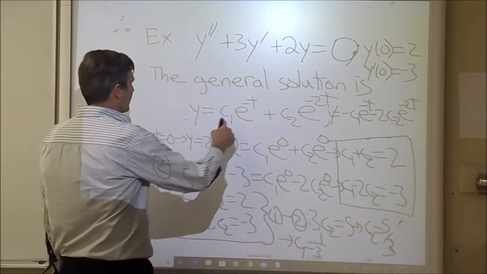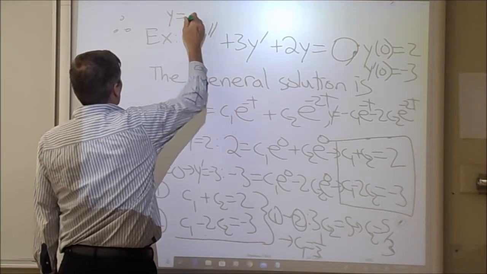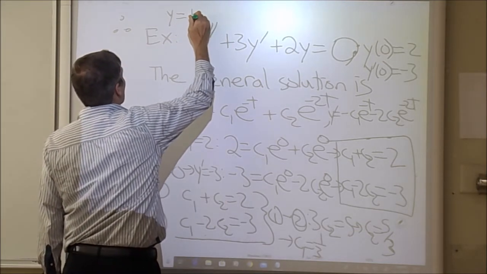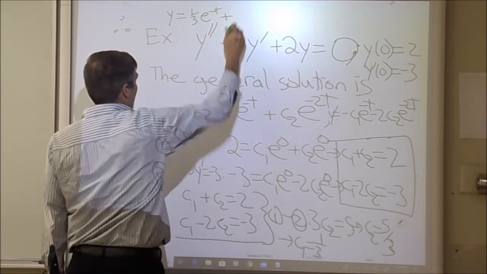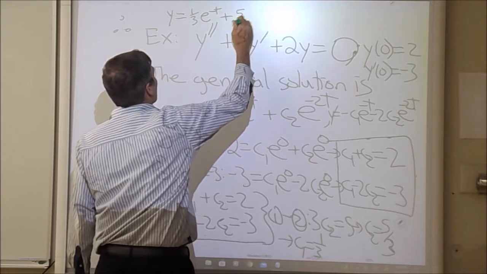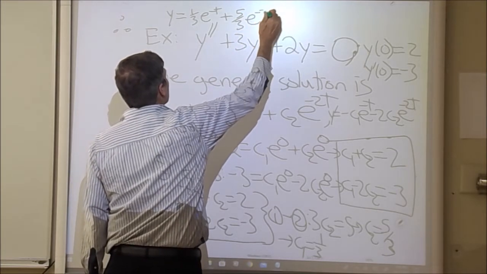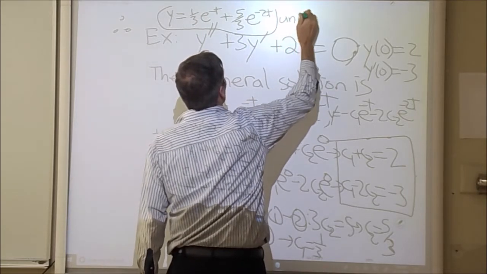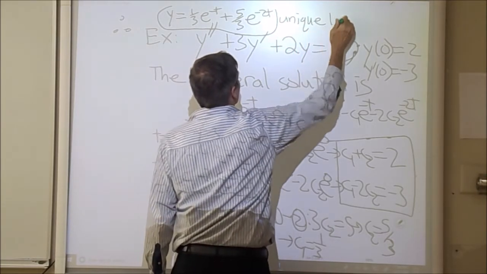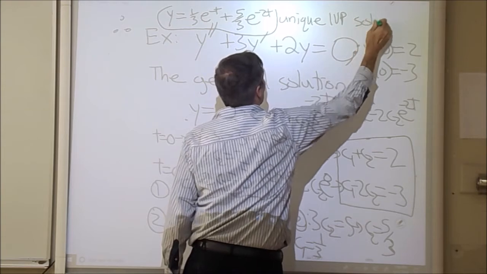All right, so now I deduce, putting these in, that y equals 1/3 e to the minus t plus 5/3 e to the minus 2t. There's the unique initial value problem solution.